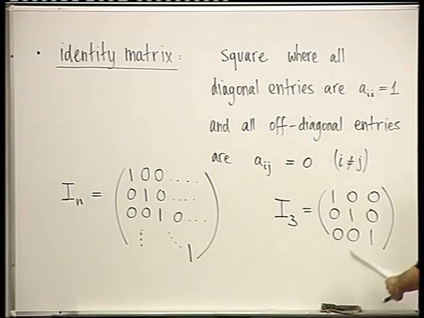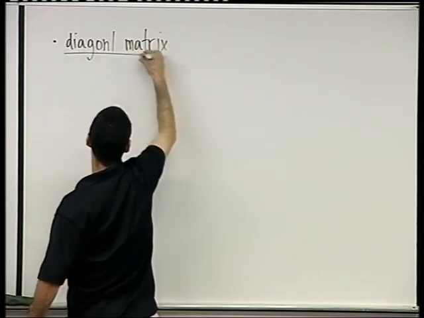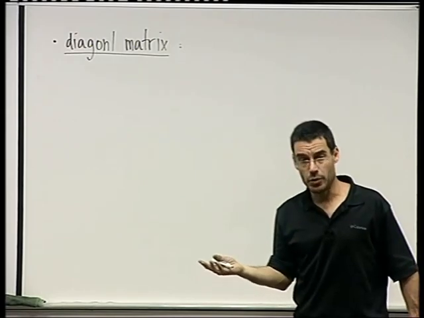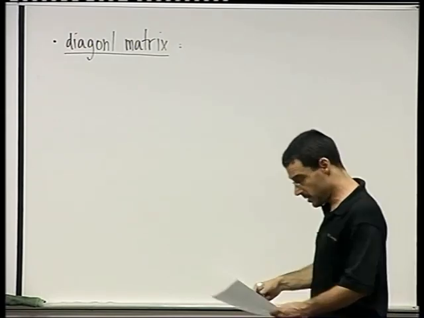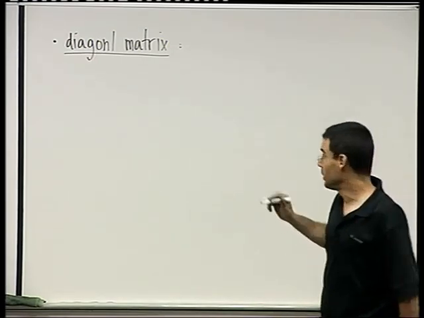Next, the notion of a diagonal matrix. So a diagonal matrix is a matrix where all off-diagonal entries are 0. But the diagonal ones are not necessarily 1, they could be non-zero.